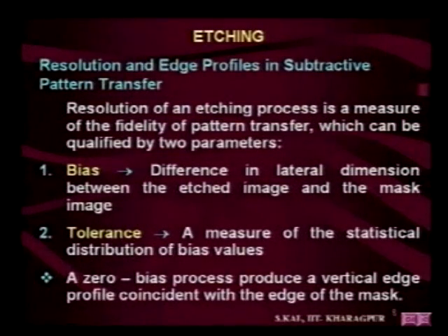That means ideally the mask image has been transferred onto the etched image. If the lateral dimensions are exactly equal, then bias is 0. Obviously, that is the ideal condition that we always want. So bias 0 means it will produce a vertical edge profile. These are the two parameters which decide the resolution of any etching process.